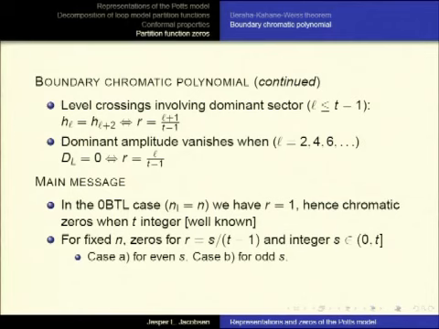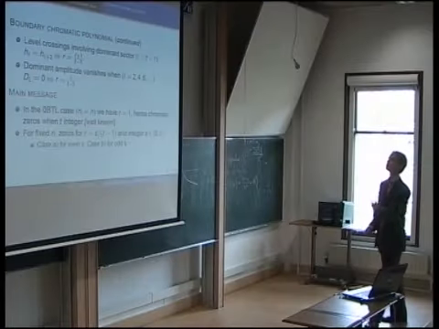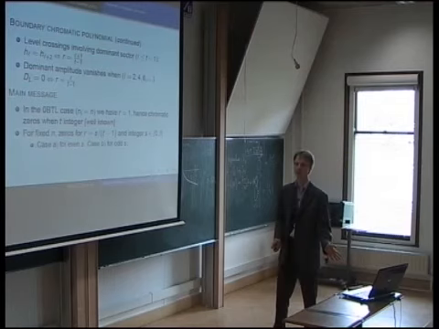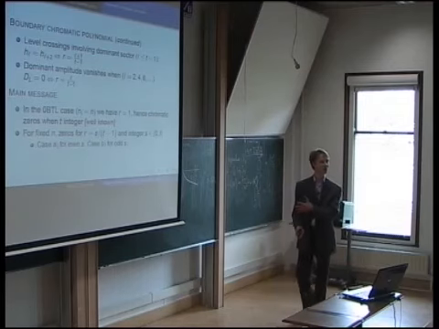Well, L was the number of through lines, so that's an integer. Now R is 1. And T, that's the Tth Beraha number, okay? So I have level crossings or vanishing of dominant amplitudes exactly when T is equal to an integer. So that is why Beraha numbers are important in that case.